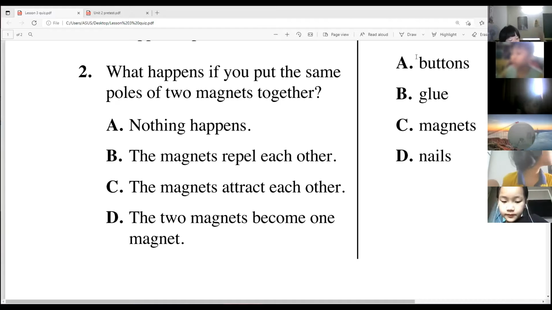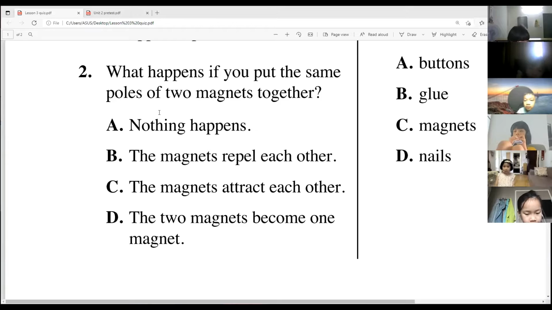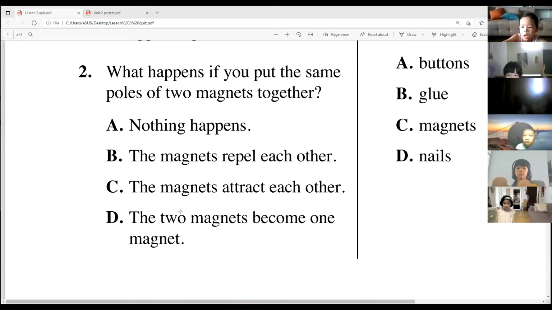What did you answer on the quiz? Nothing happens. The magnets repel each other. The magnets attract each other, where the two magnets become one magnet. The magnets repel each other.